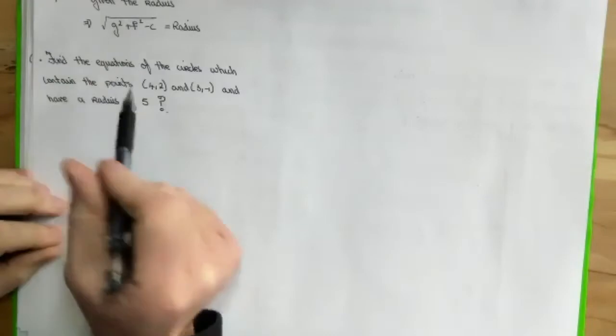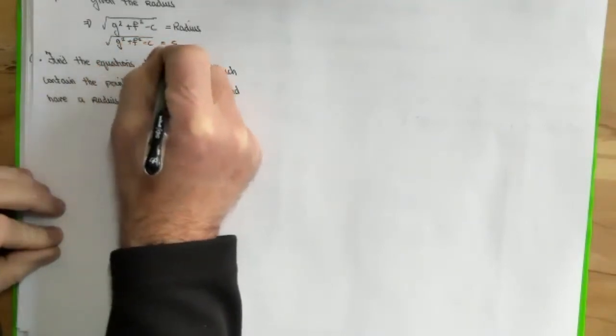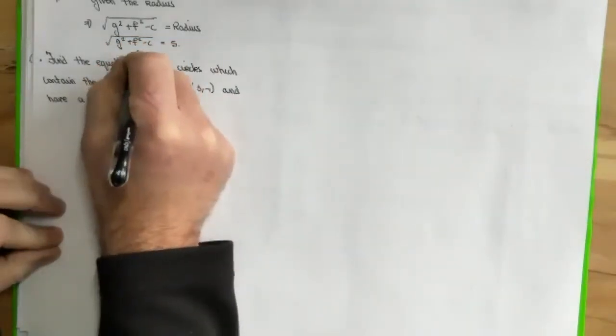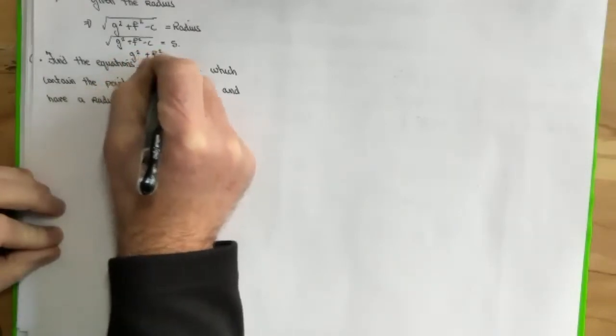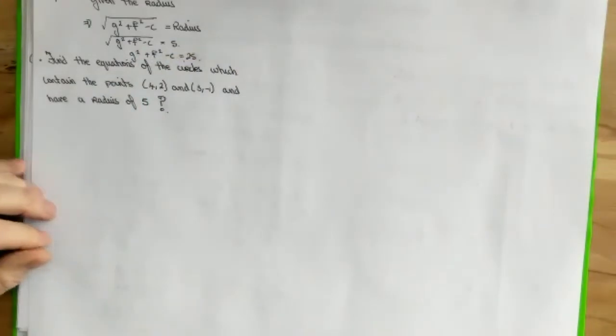And the radius is the square root of g squared plus f squared minus c. Just say the radius was 5. You'd say the square root of g squared plus f squared minus c is 5. You square both sides. You get g squared plus f squared minus c is equal to 25. That would have been your equation.